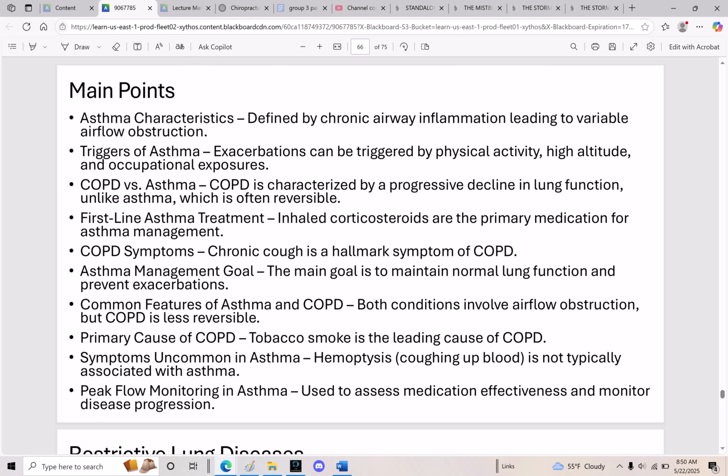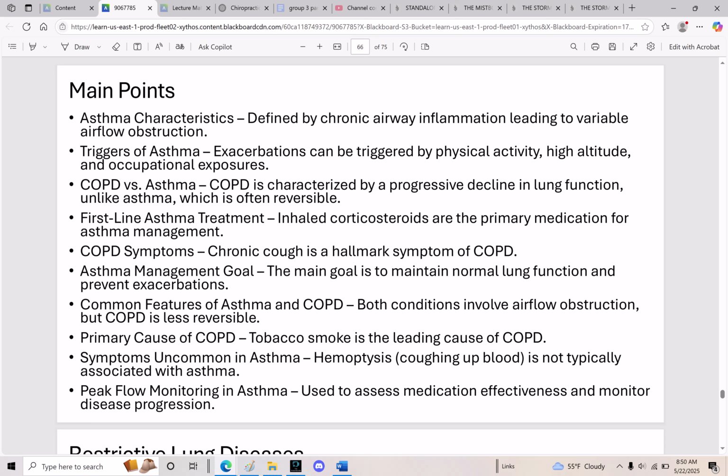So basically, the first one here, asthma, characterized by chronic airway inflammation leading to variable airflow obstruction. An asthma exacerbation can be triggered by physical activity or exercise, known as exercise-induced. High altitude. Why high altitude? Because you have low levels of oxygen, right?